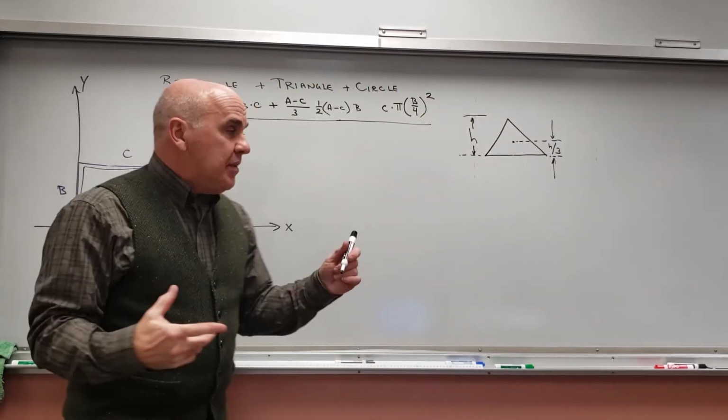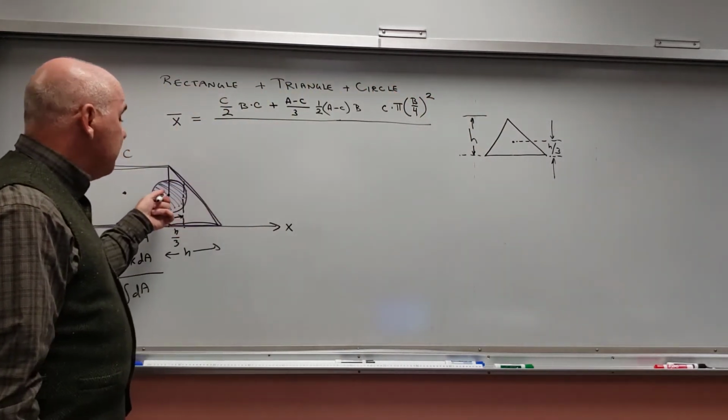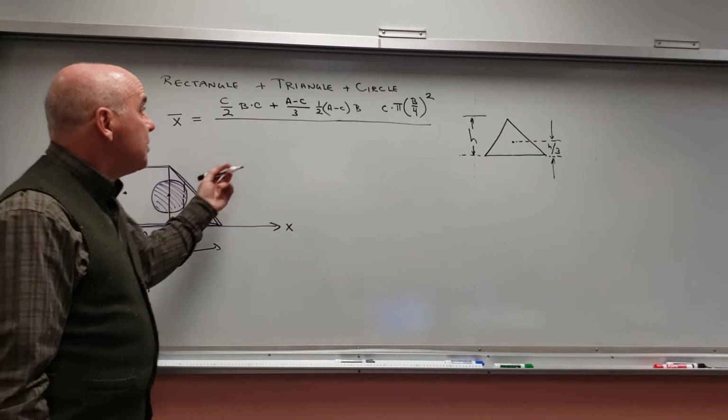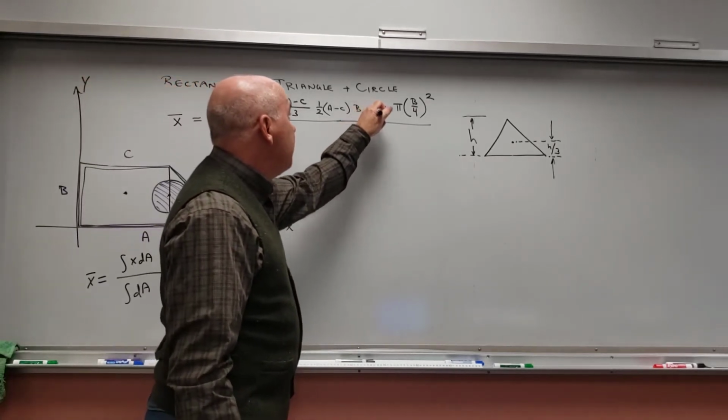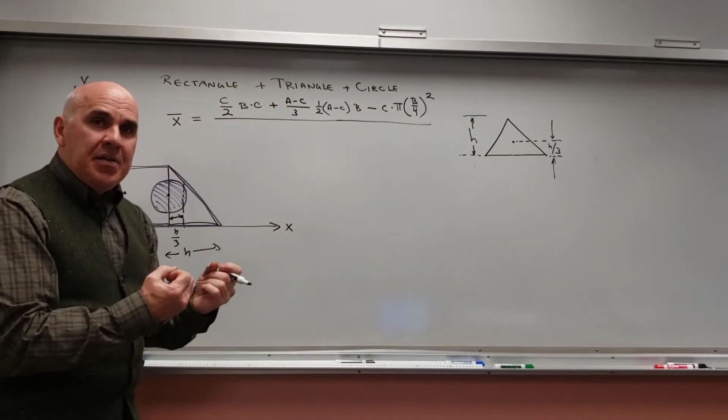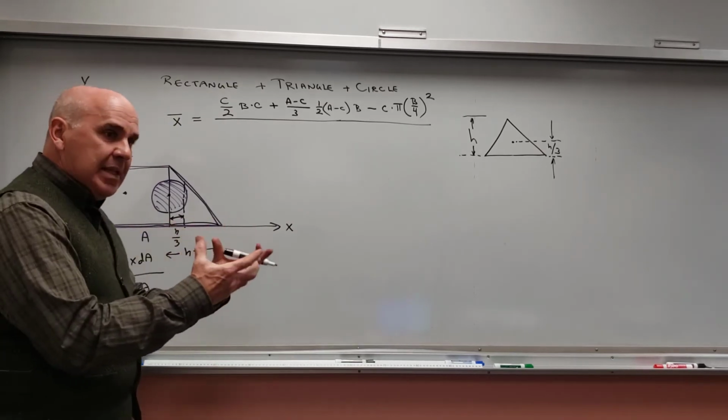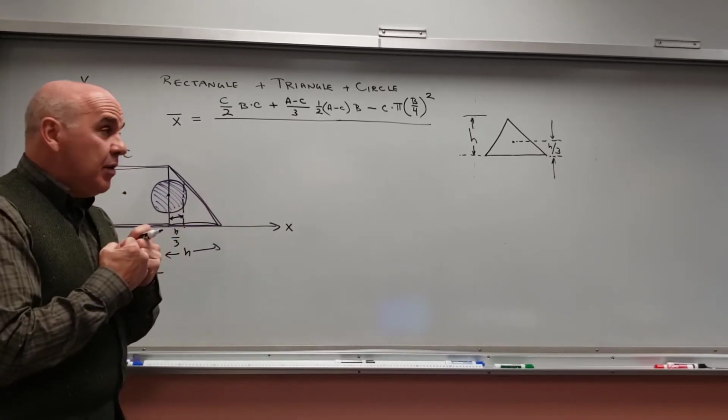Okay, now, the thing is that this is a hole that's been cut out. So instead of adding, I'm going to subtract, because I've taken away that area. I didn't add the area on, I've taken the area away.